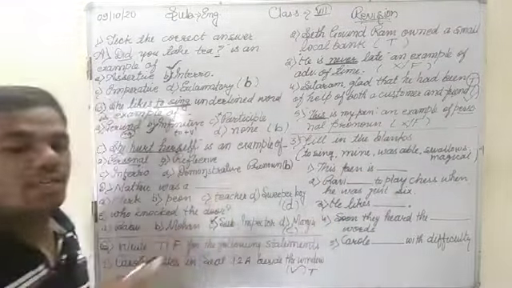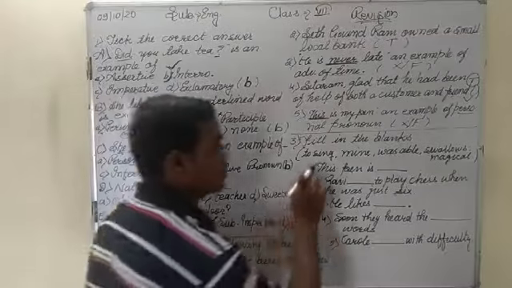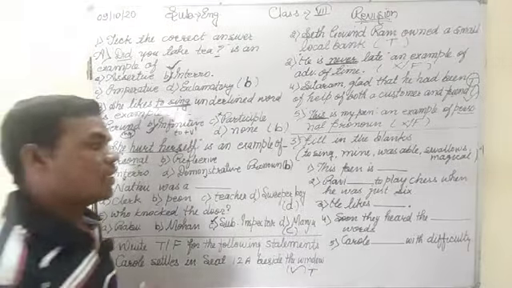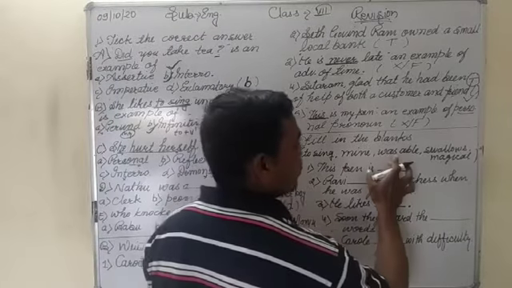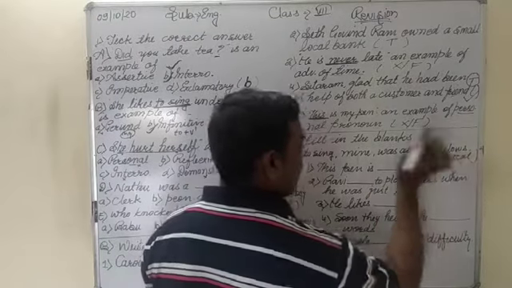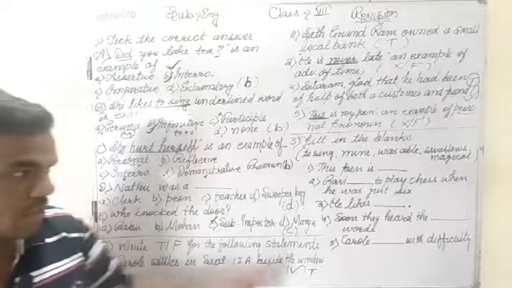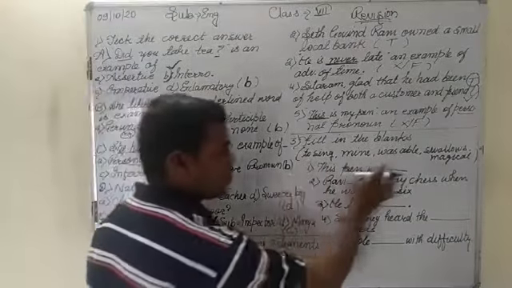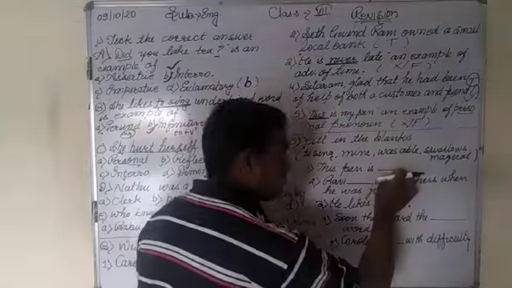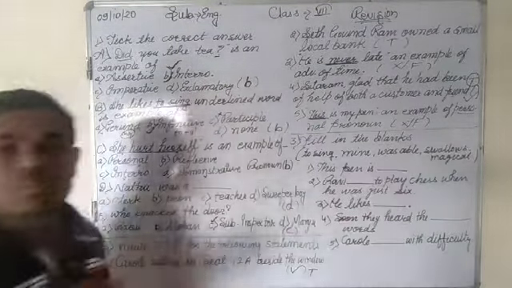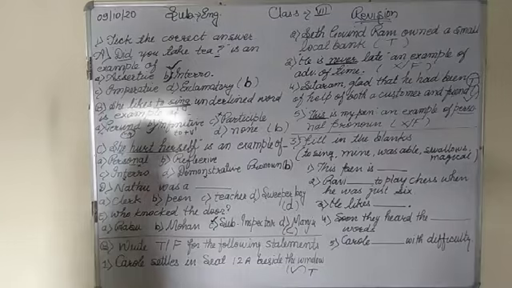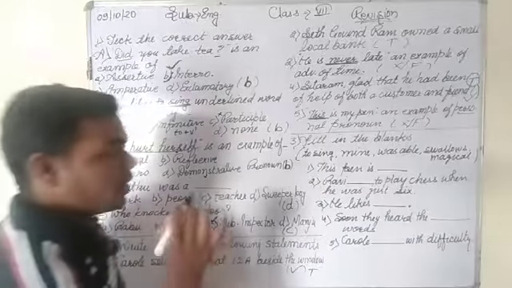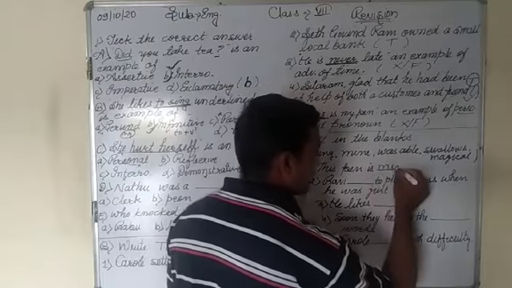Dear students, fill in the blanks. You will get this kind of question in your exam. You will get the options in brackets, like to sing, mine, was able, swallows, magical. "The pen is ___." The pen is mine.